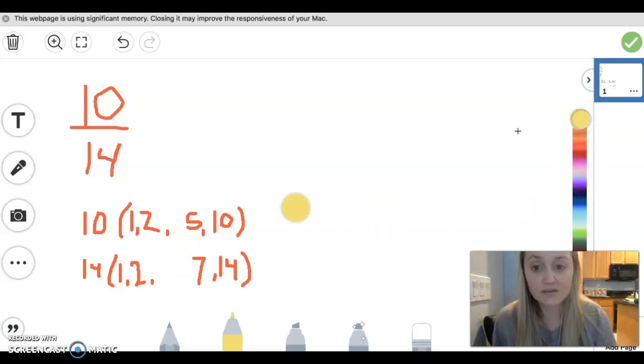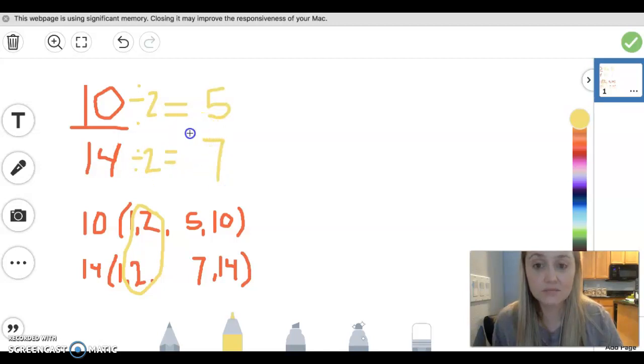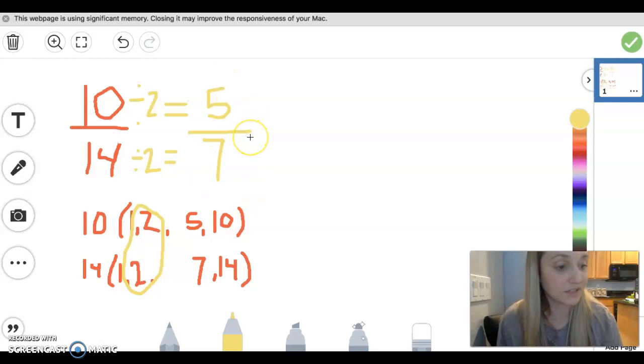So here we have our greatest common factor is 2. So if we divide by 2, we get 5, divide by 2, and we get 7. So in simplest form, our answer would be 5/7. Okay?